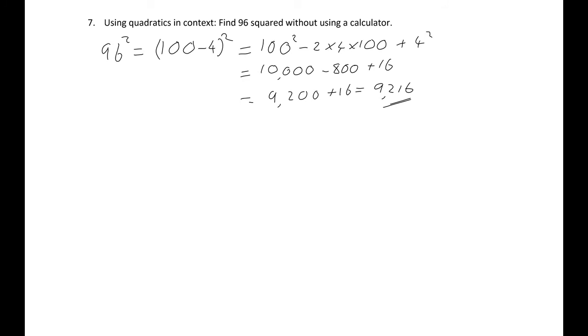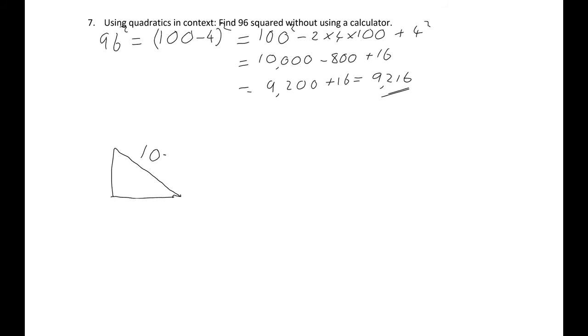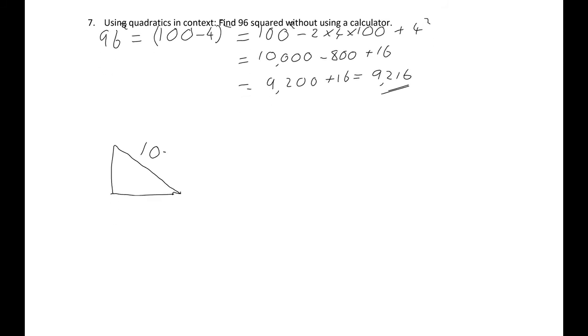Another style of problem. I could give you a triangle, and I could say that this length here is 106.